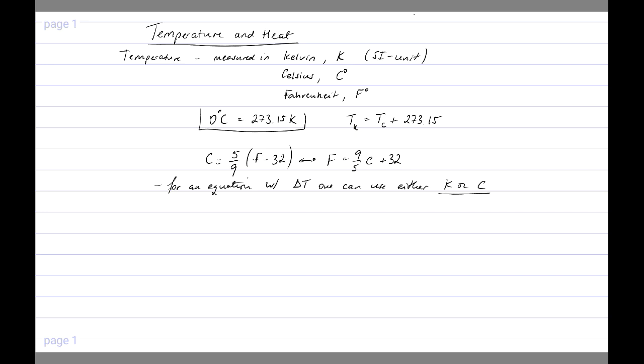Now, heat is a form of energy. So what that means is that heat is measured in joules. And heat is energy that flows from an object with a high temperature to an object with a low temperature.